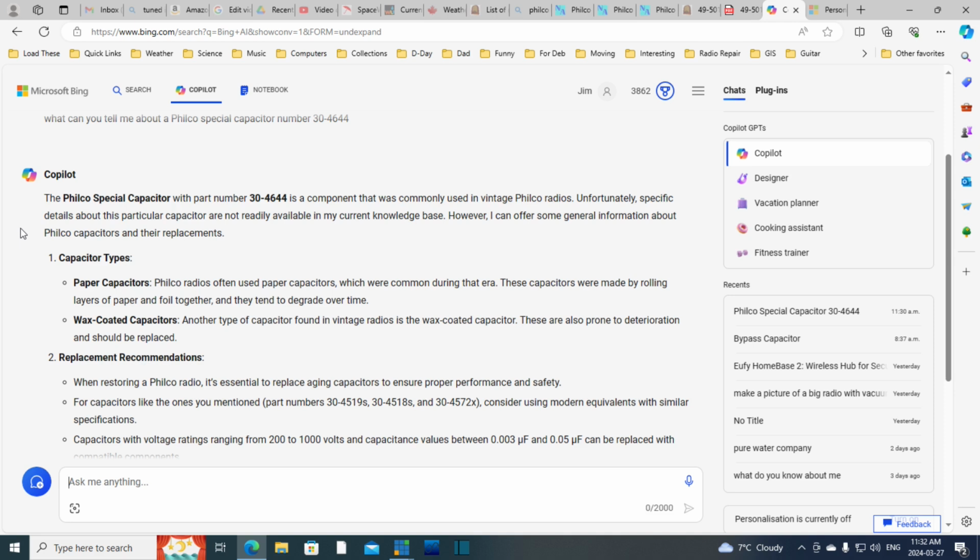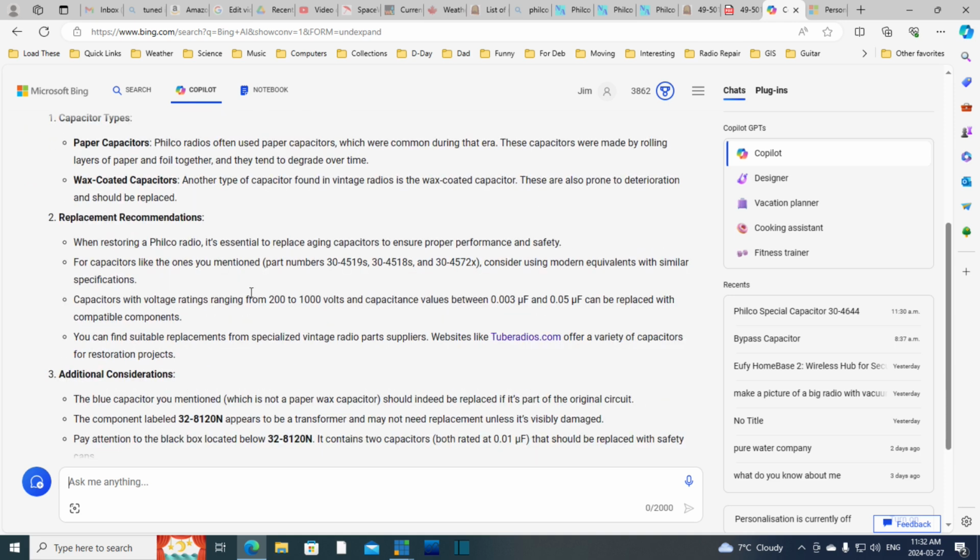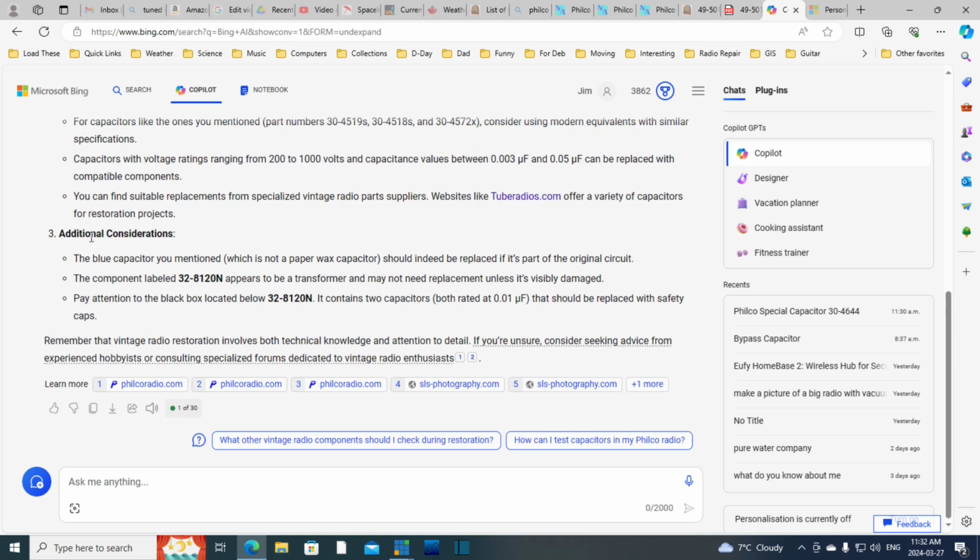However, I can offer some general information about Philco capacitors and their replacements. And then it just sort of dumps out whatever it can say. But look at this last part. Additional considerations. This is the thing about using AI. The blue capacitor you mentioned, but I didn't mention the blue capacitor, should indeed be replaced if it's part of the original circuit.